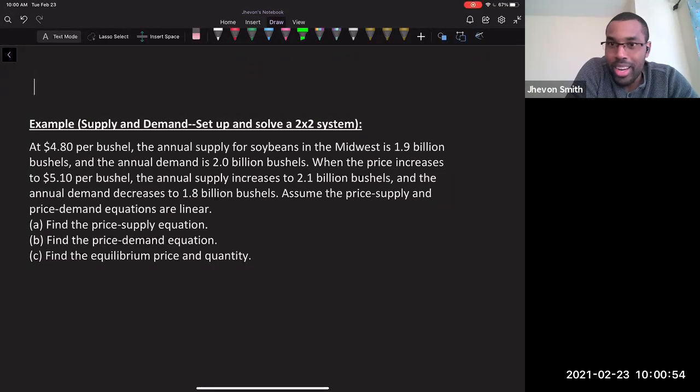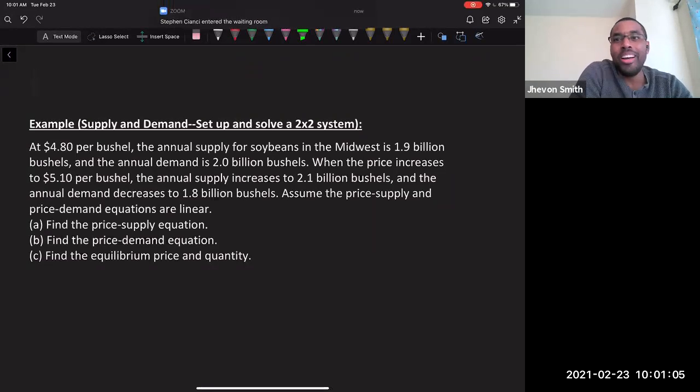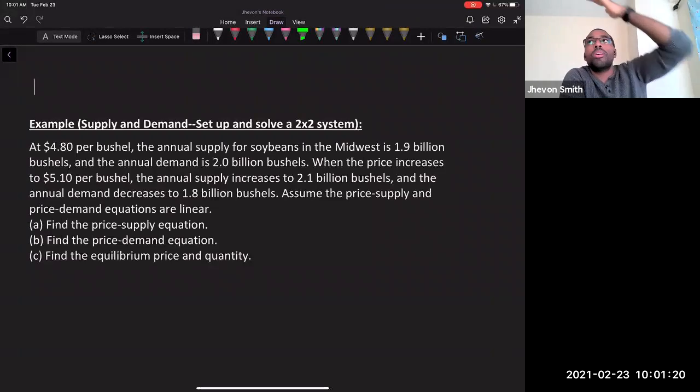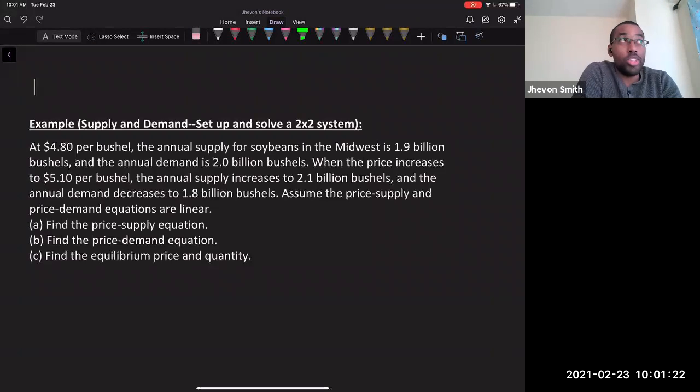So if it's for $100, I'm not going to want to produce a lot, but people are definitely going to want to buy a lot, right? They're going to think, oh yeah, this is awesome, I can get this for $100. If the price rises though, say to $1,000 a pop, now suddenly I'm more interested in producing tons of this stuff. And people are a little bit less interested in buying it because they're like, well, it's $1,000, I could use that on something else. So it turns out that the supplier is willing to produce more as price increases, while consumers are willing to consume less as price increases.